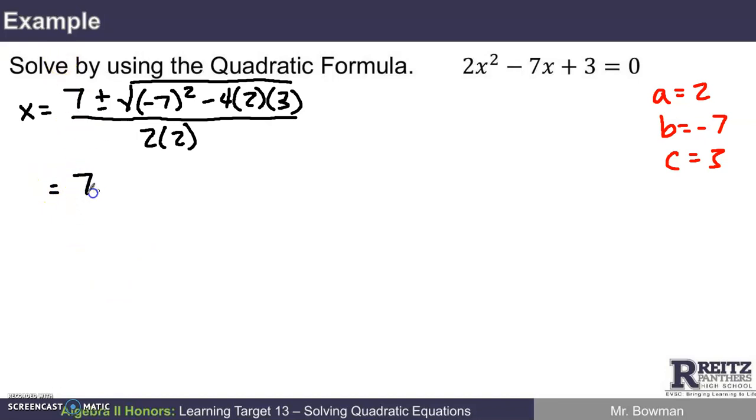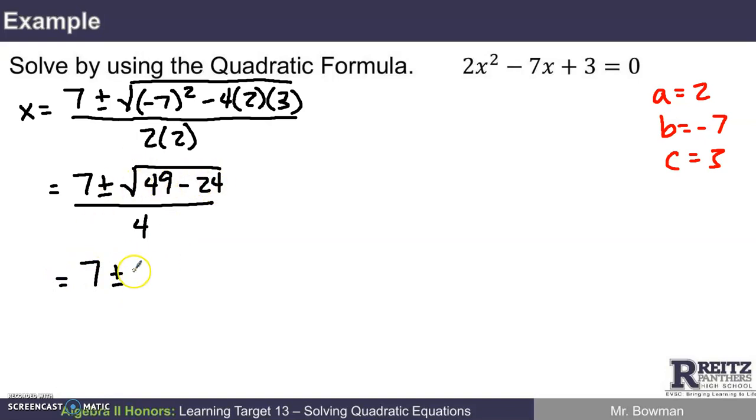So then that means I've got 7 plus or minus the square root of, this is 49. 4 times 2 times 3 is 24. And 2 times 2 is 4. So 49 minus 24 is the square root of 25, which is 5. So you've got 7 plus or minus 5 all over 4.